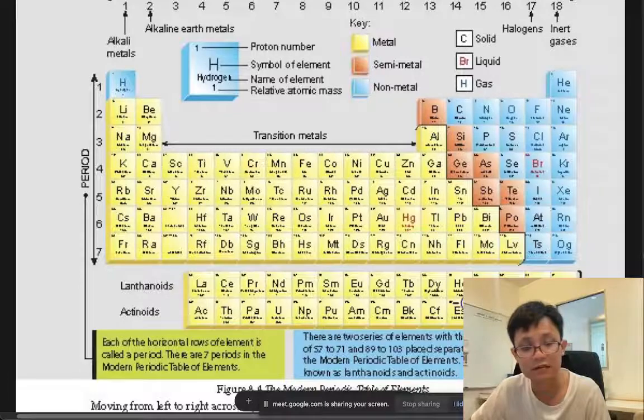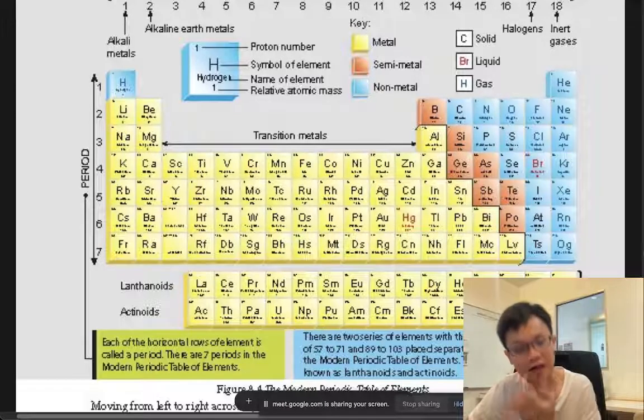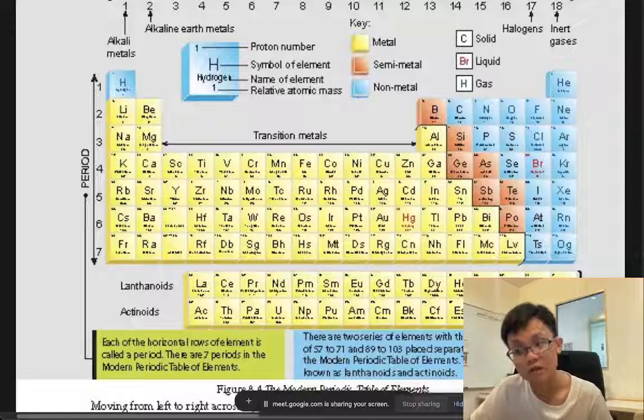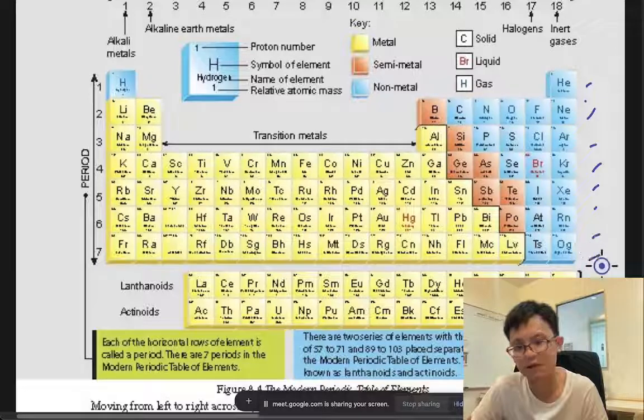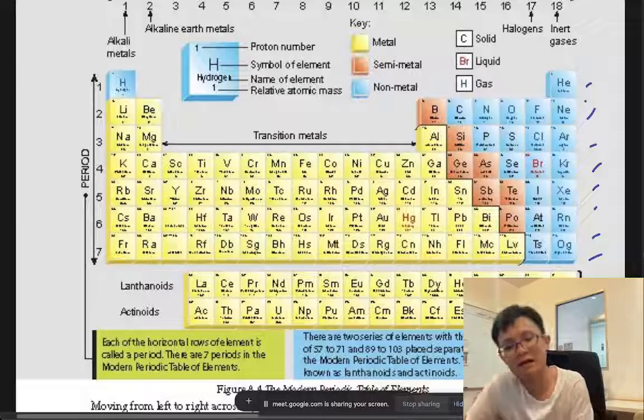And these are the elements that you can get not only on the earth, but in the universe. Which means in the universe, as long as you hold something, it must be one of these. It cannot be another thing. That's why it always makes me wonder, will there be a new element?